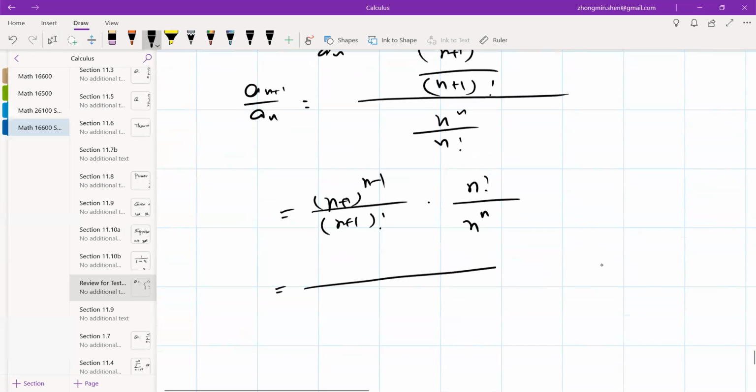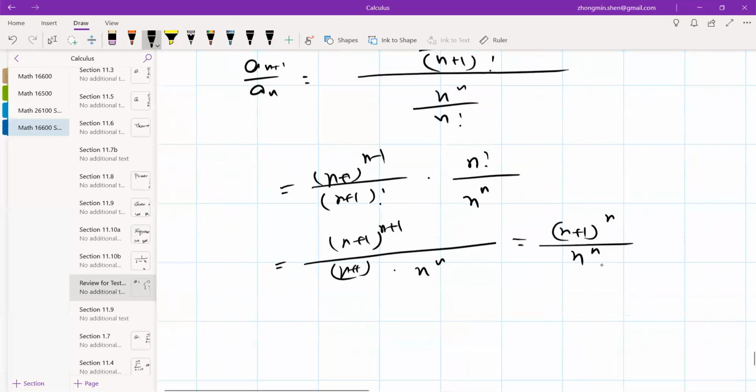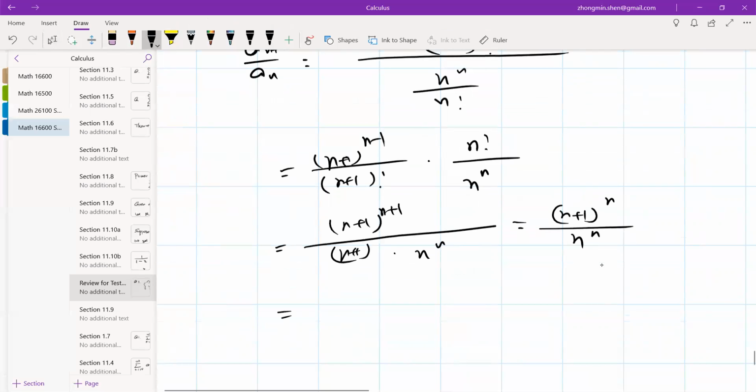So n plus 1 factorial over n factorial is n plus 1, and n plus 1 to the n plus 1 over n to the n. So you cancel n plus 1, you get n plus 1 to the n over n to the n. It's not too bad. Then it's 1 plus 1 over n to the nth power. Are you familiar with this? What is the limit? E, right?